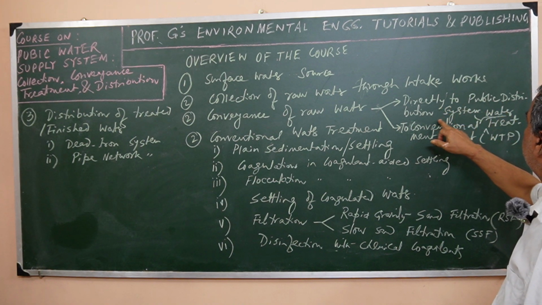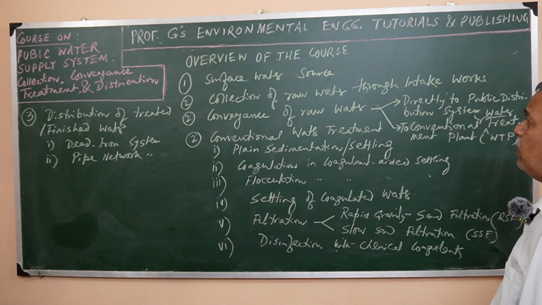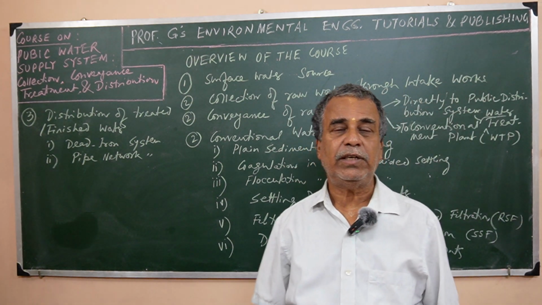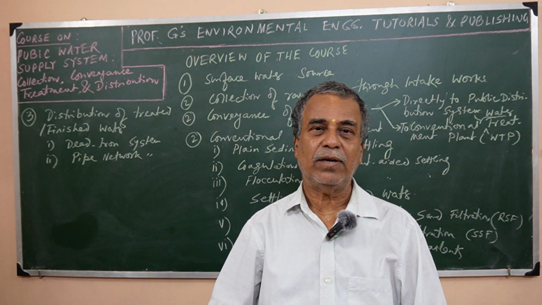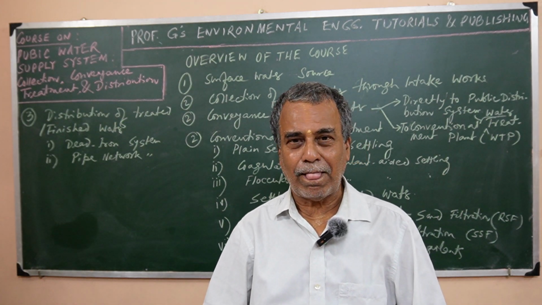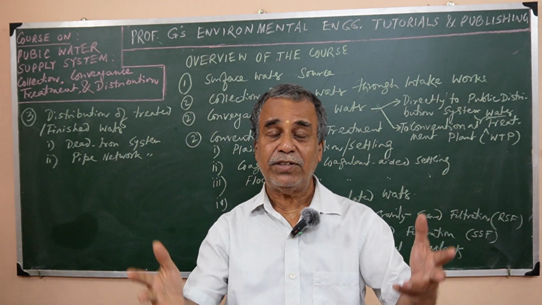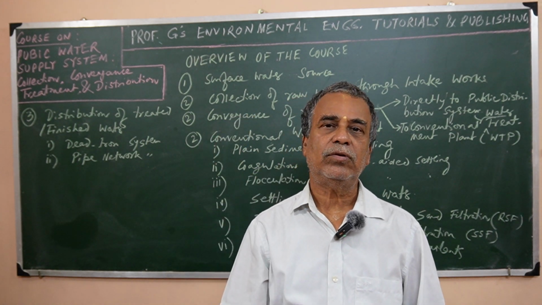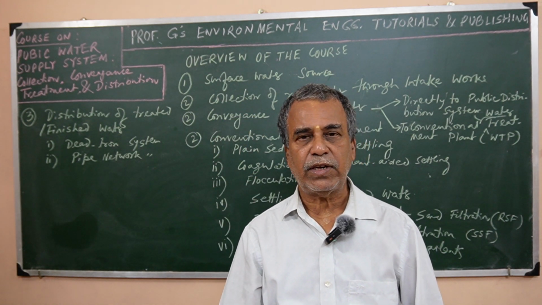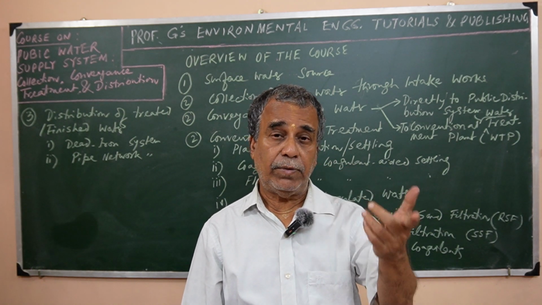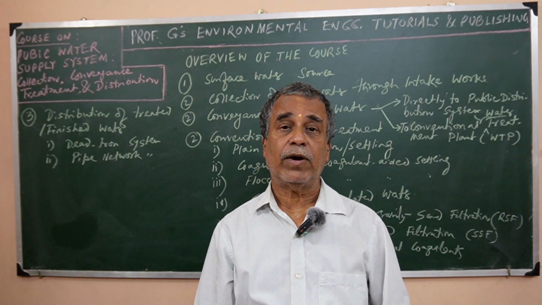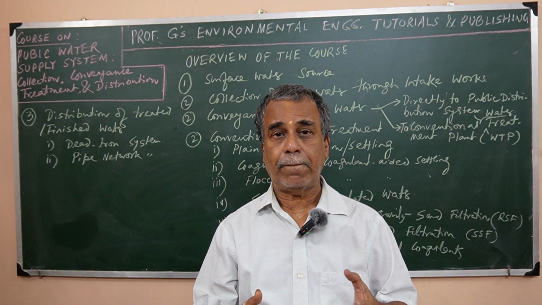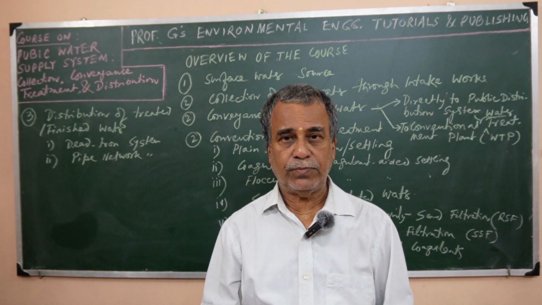Directly to the public distribution system, as I have told, if the surface water is so good that it doesn't need much treatment except, say, the disinfection. Then the very common disinfection process in a public water supply system happens to be chlorination, right?